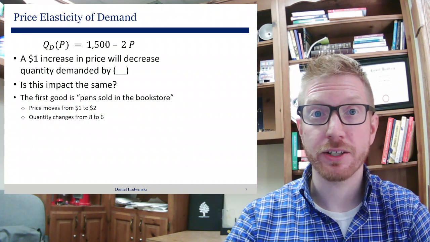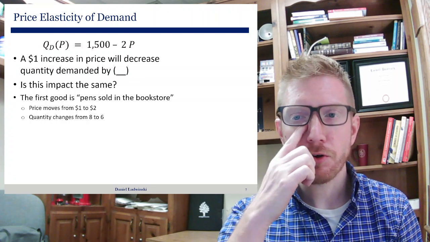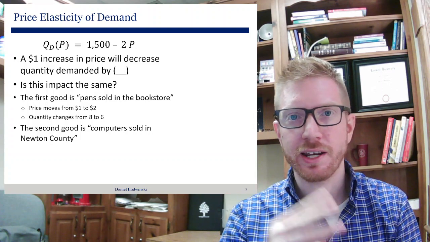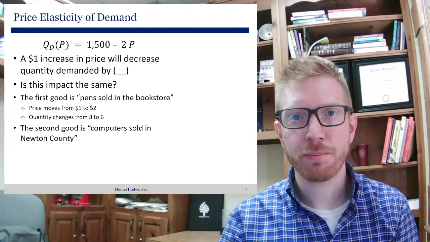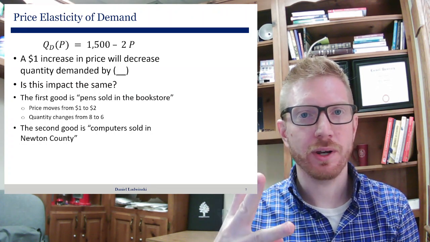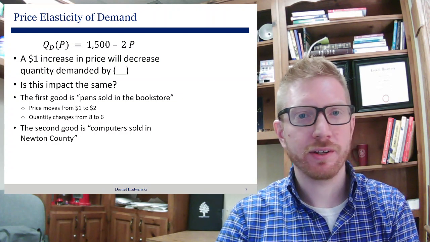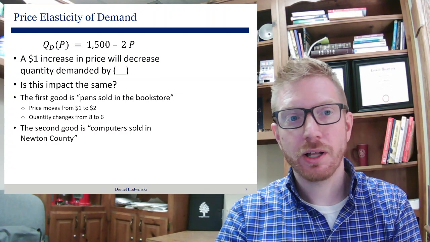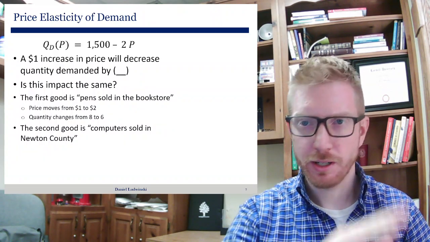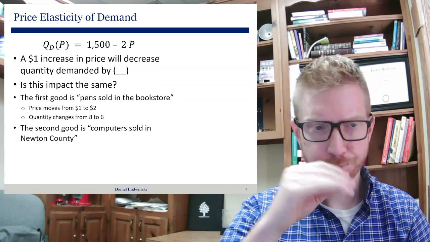Now for the second good, let's define it as the number of computers sold in Newton County. Now we've emphasized that we kind of need three things to properly define a market. We need the good, we need the location, and we need the time frame. And I said we're often going to glaze over that last one especially, but often that second one. But we are giving you the geography here.